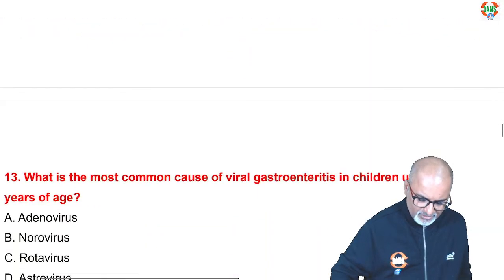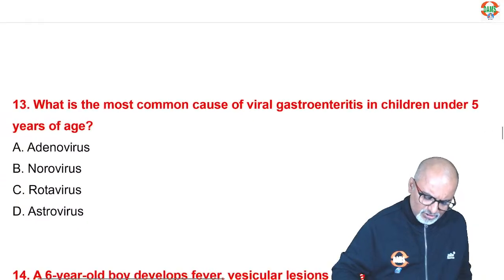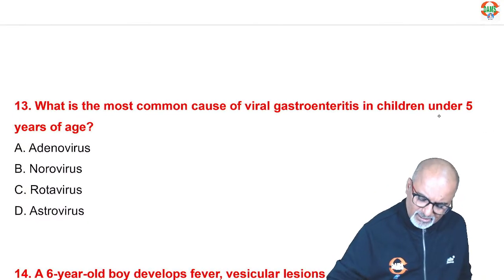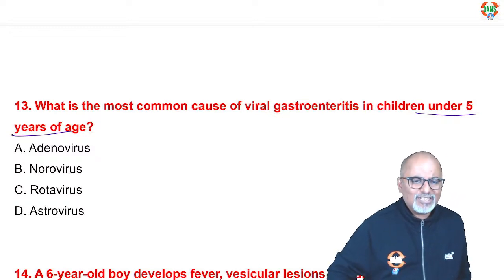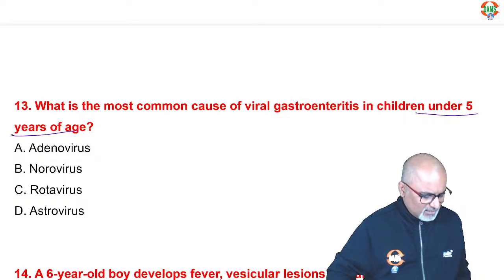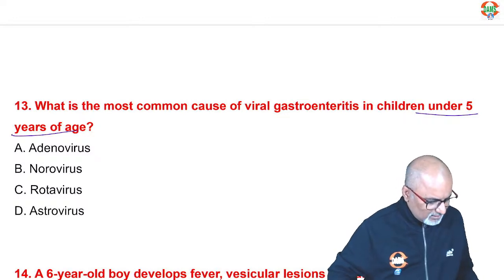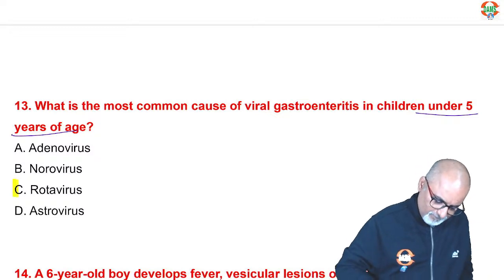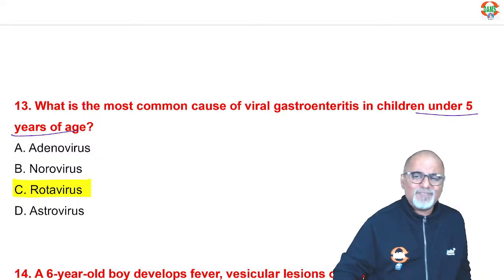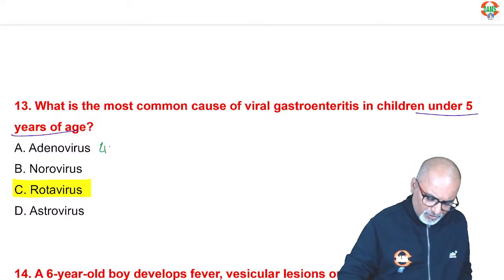Next is, what is the most common viral gastroenteritis in children under 5 years of age? Please remember, in children less than 5 years, the most common is rotavirus. Adenovirus serotype 40-41 causes infantile diarrhea.